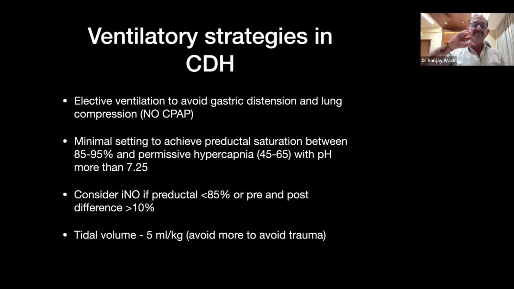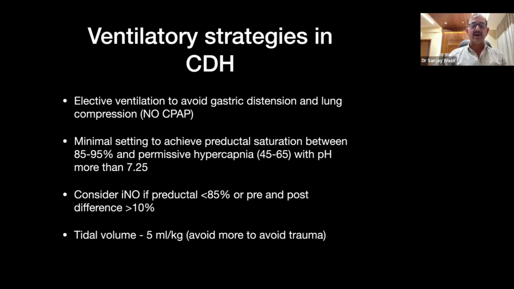So don't keep jacking up the pressures, because in CDH you have not achieved that. If you achieve somewhere around 80-82% in the first 1 or 2 hours of life, please stay there, because if you go very high, you are likely to cause a pneumothorax, which is going to cause a problem.